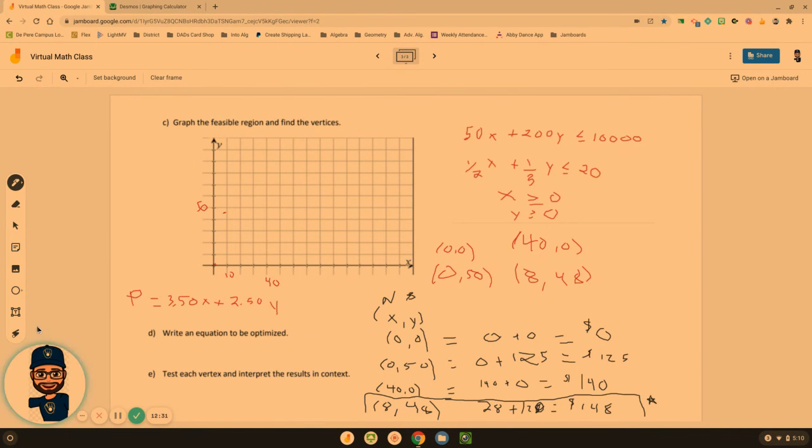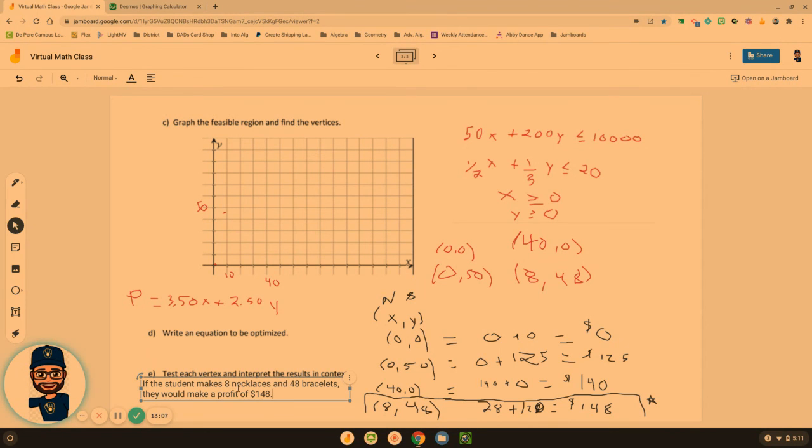So if we talk about what that means in the context of the problem, if the student makes 8 necklaces and 48 bracelets, they would make a profit of $148. That's the maximum they could make.